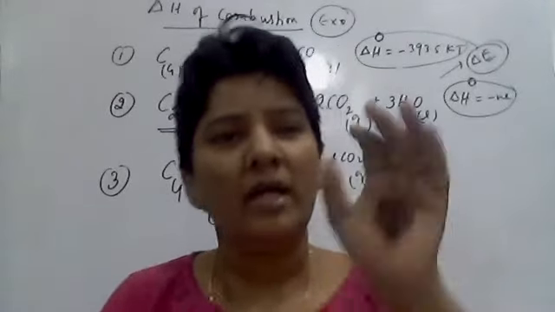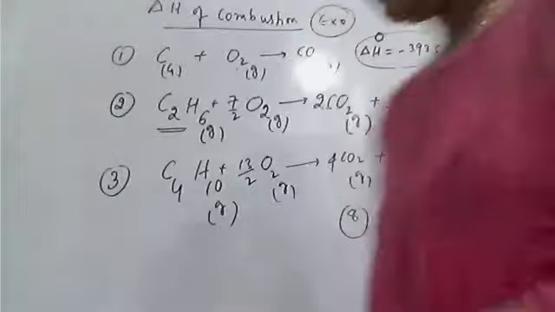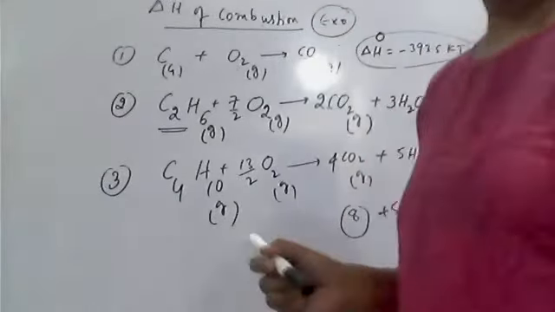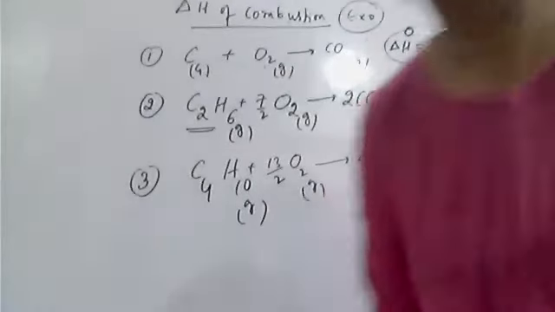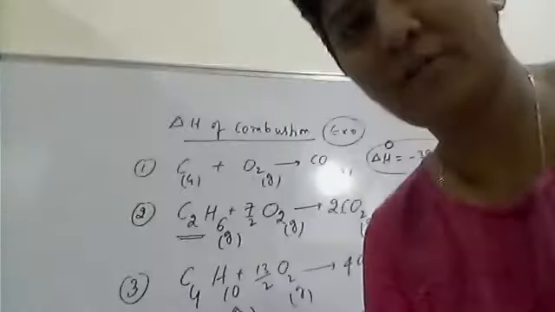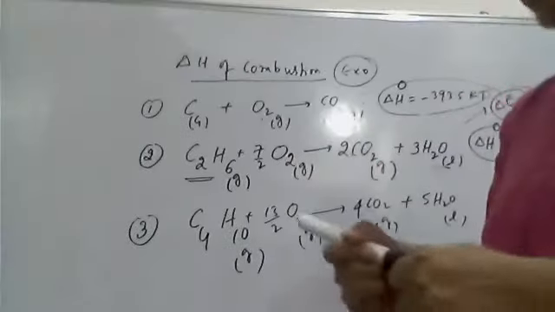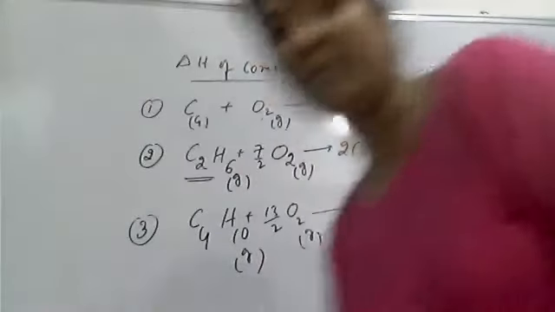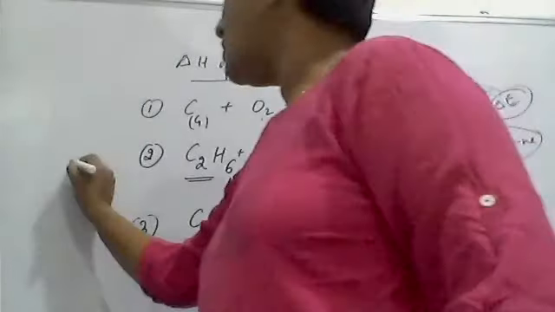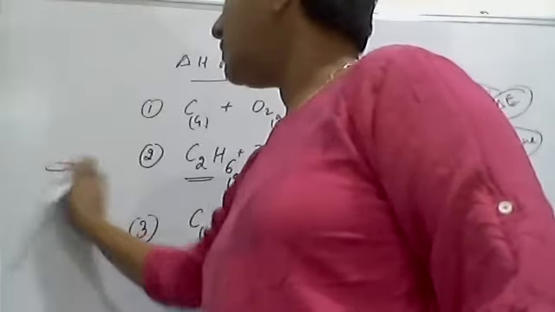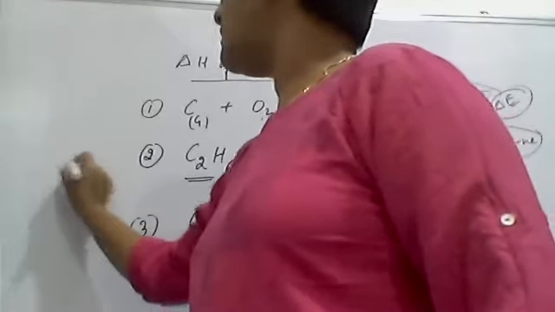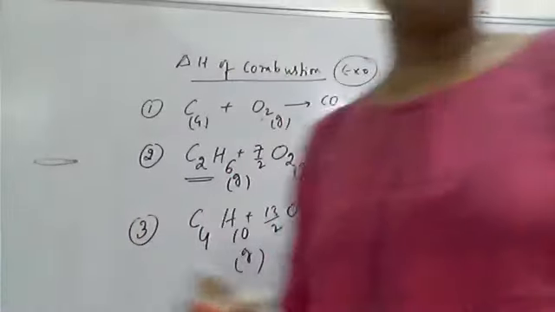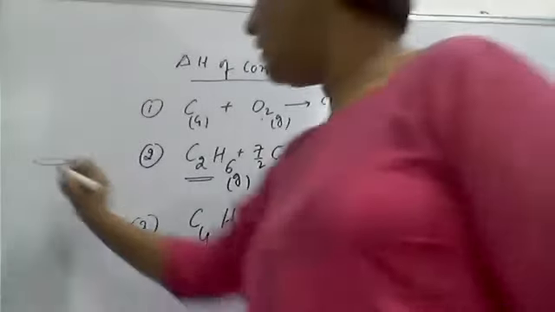So when in a bomb calorimeter, when the fuel or hydrocarbons are burnt, you want some container. So in a bomb calorimeter you will have one copper bowl.